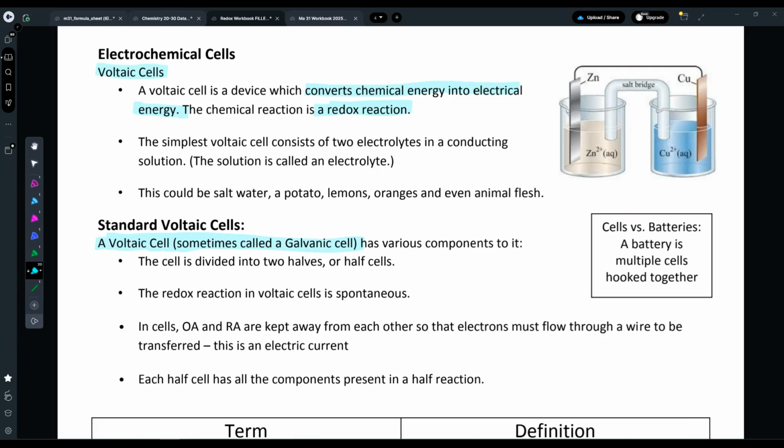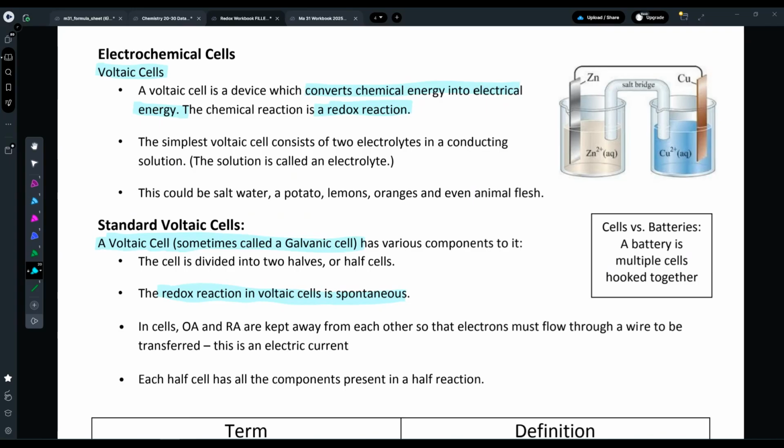The redox reaction in Voltaic cells is spontaneous, so that's a key distinguisher in Voltaic cells compared to the other type of electrochemical cells that we are going to talk about, which is electrolytic cells. So you need to know what a Voltaic cell is, and you need to be able to distinguish it from an electrolytic cell. Okay? And one of the distinguishing characteristics is that the redox reaction in Voltaic cells is spontaneous.